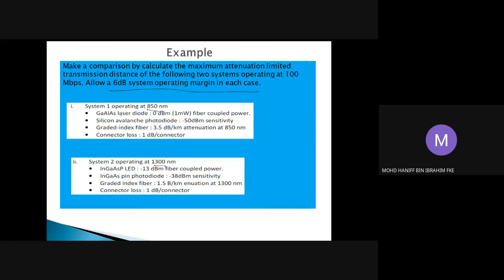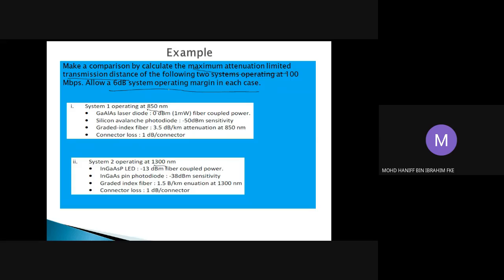For the first system, we are using the laser diode and the APD, using the graded fiber, with the given specification. For system 2, we are using the LED, the PIN photodiode, and the graded fiber. Okay. So in these questions, we need to calculate the maximum attenuation limited transmission distance.